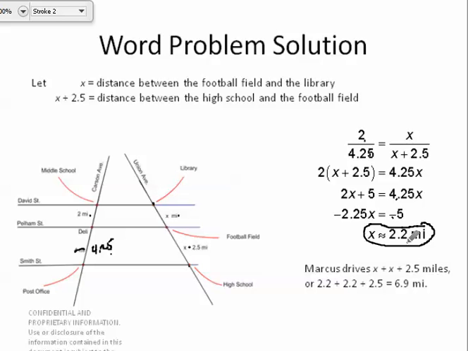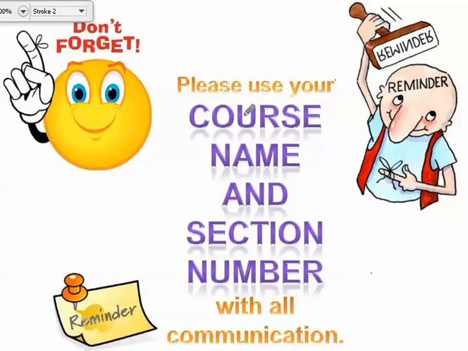So we found out what x was. And so this one here is going to be 4.7 miles, and this one's going to be 2.2. And so it's going to add together to give you 6.9 miles. Okay? Real world situations. Isn't that interesting?